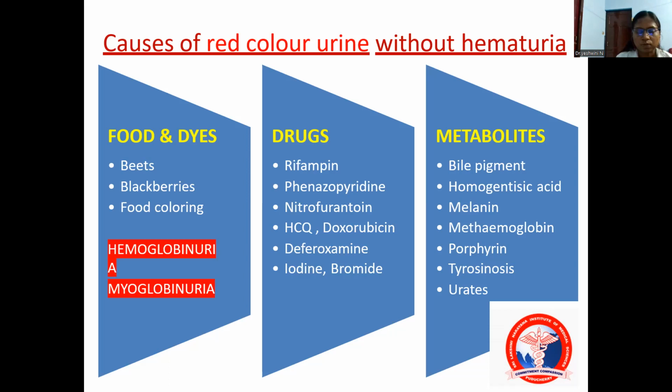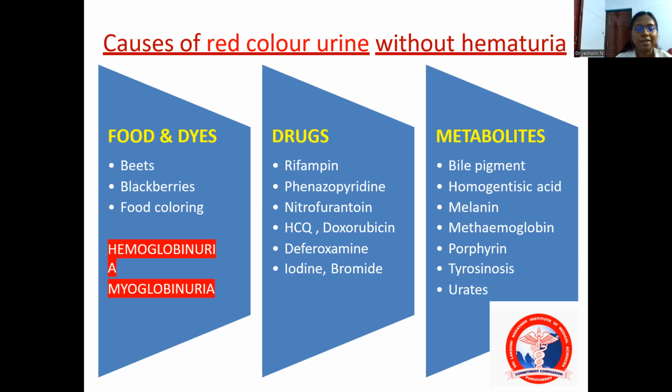Suppose a patient presents with red urine and you do a urine microscopy and don't find any RBCs, then think of other causes. What are the other causes which cause red urine?